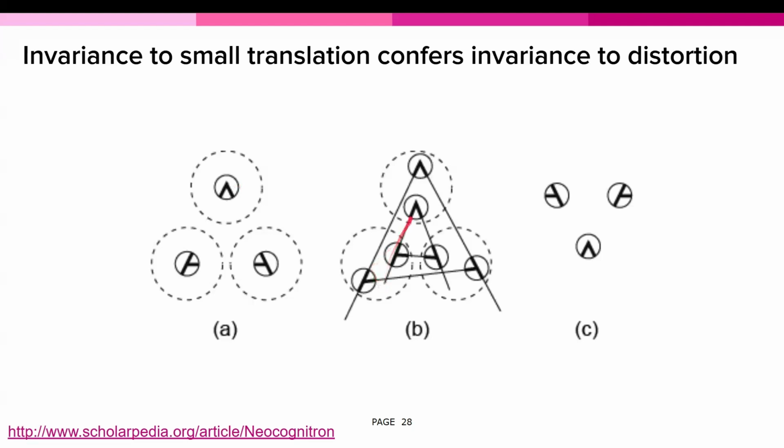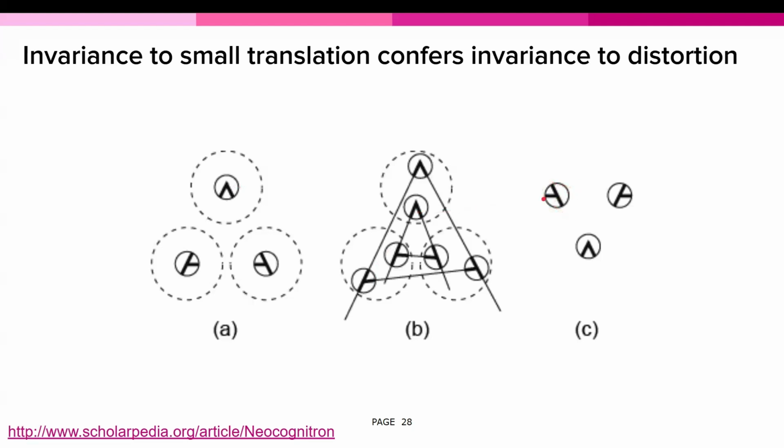This would correspond to a smaller A, or the features could appear at the outer edges with some misalignment, and this would correspond to a larger A that's been skewed a little bit. And so the idea is that as long as each feature remains within its positional tolerance zone, the S cell is going to correctly identify the global shape regardless of slight deviations.